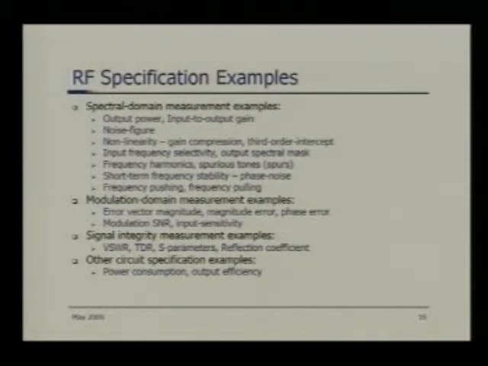Next set of things, modulation domain specifications, are RF specifications, but they have something to do with the baseband waveform. What we mean is that when we are testing, let's say, a GSM transmitter and receiver, there is a certain digital modulation and demodulation scheme going on in the baseband, right?